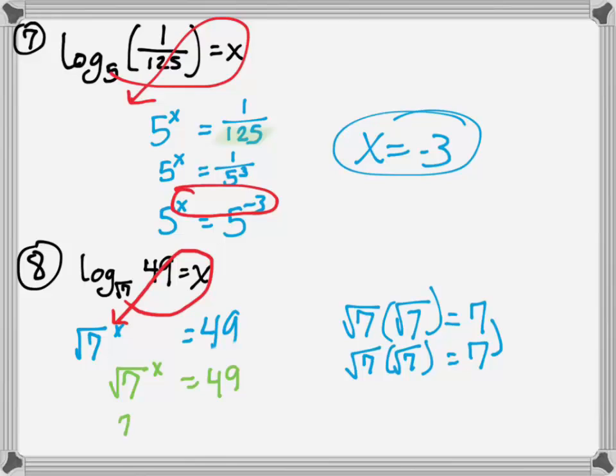Let's say 7 to the 1/2 power, 7 to the 1/2 x is equal to 7 squared. And if I set the exponents equal to each other, I end up with 1/2 of x is equal to 2. 1/2 of something is 2. What would that something have to be? Well, half of 4 is 2, so x is equal to 4. That's your answer.